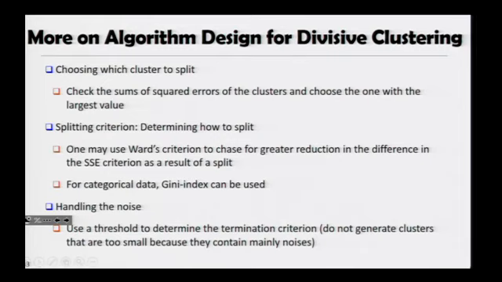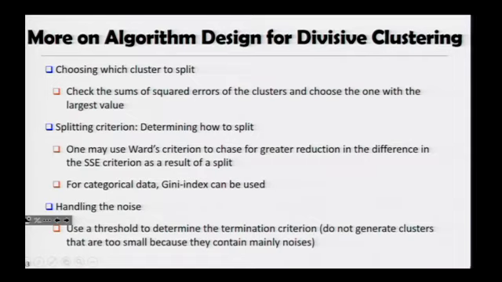And there's also another aspect, which is how to split. So should you put these 3 points in a cluster or put these 4 points in a cluster? In that case, you can use different criteria. For example, the Ward's criterion is one way you can define it, and the SSE criterion is another way. And for categorical data, because you cannot compute numerical values for the SSE and Ward's, you can use the Gini index instead.